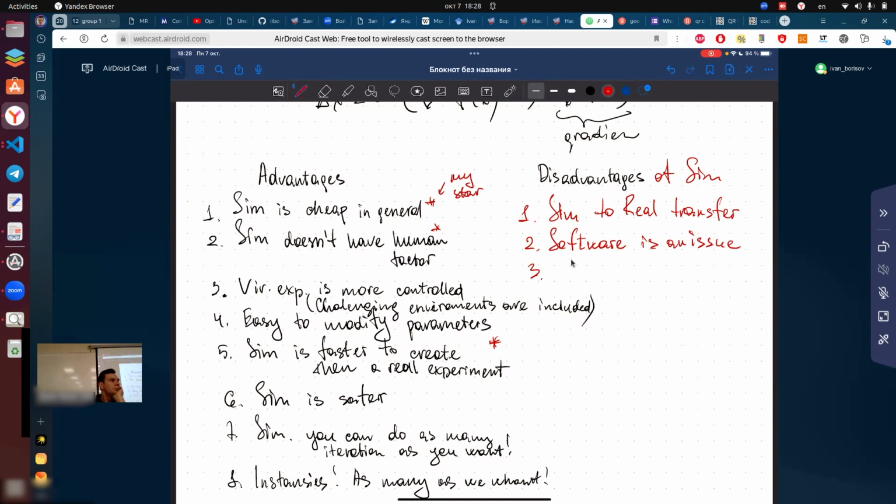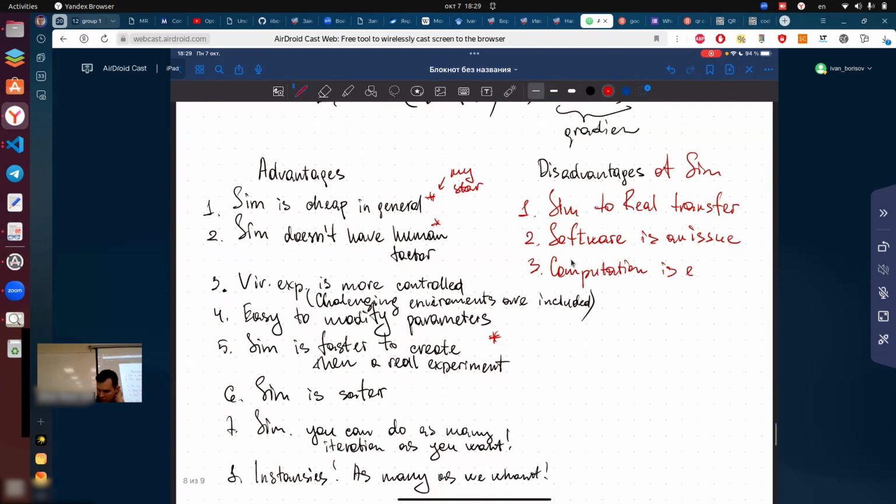Data is expensive. Computation is expensive, so probably you have to buy hardware. So hardware is also an issue. What do you mean by hardware? Computation. Yes, you need hardware to do simulation.